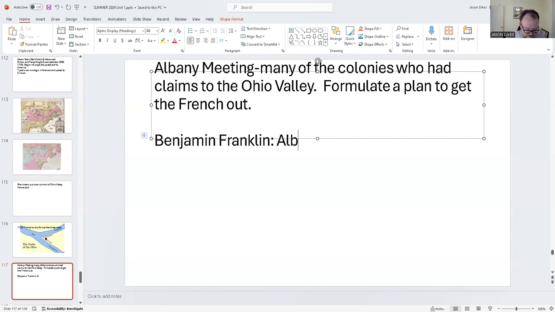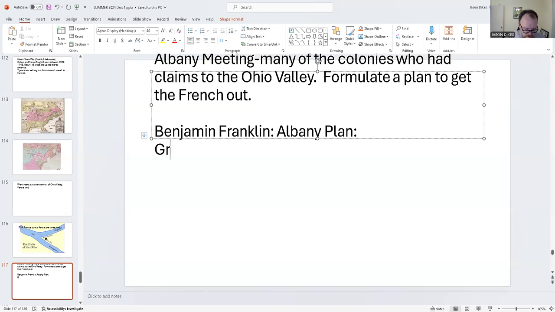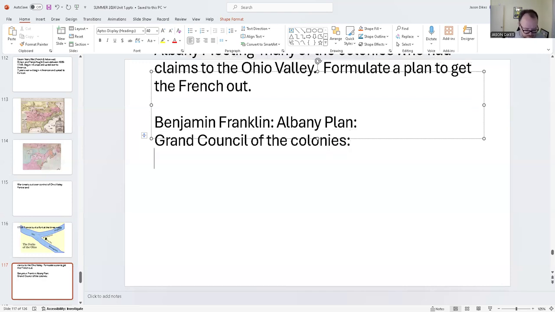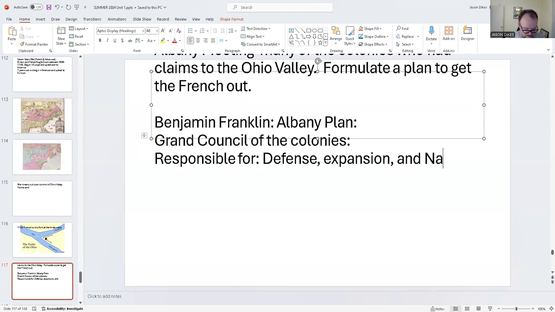And so Franklin came up with what was called the Albany Plan. And this called for a Grand Council of the colonies. They would be responsible for defense, expansion, and natives. Okay?